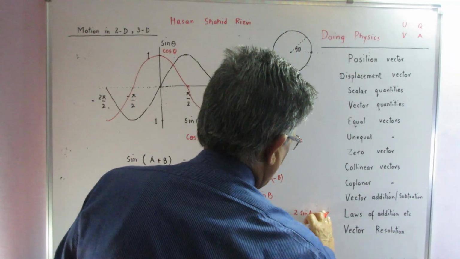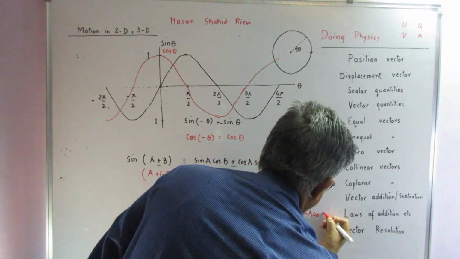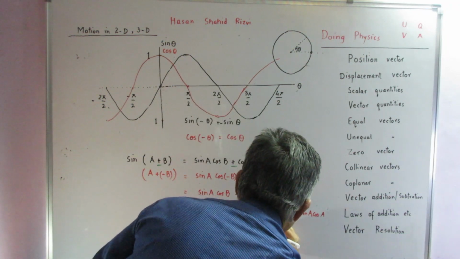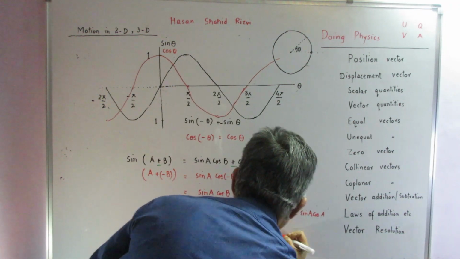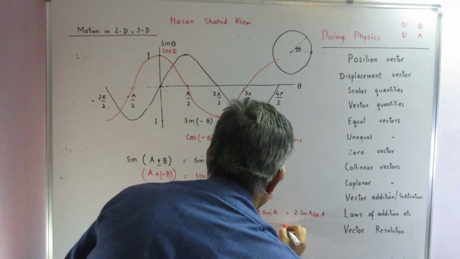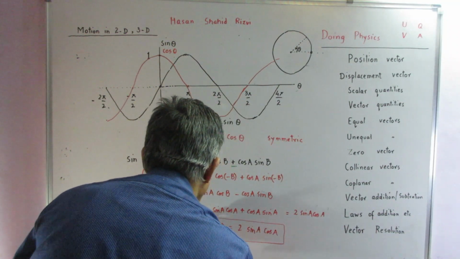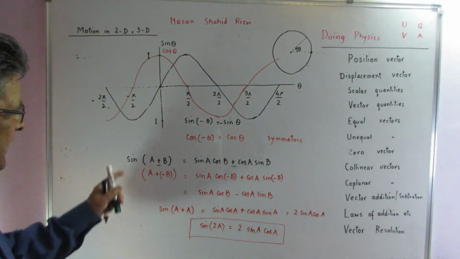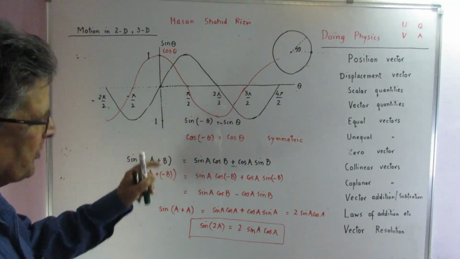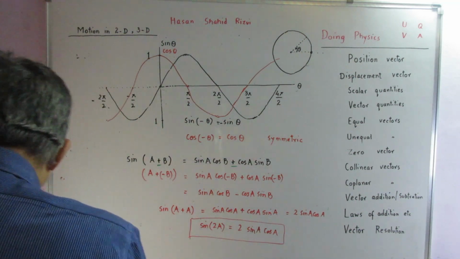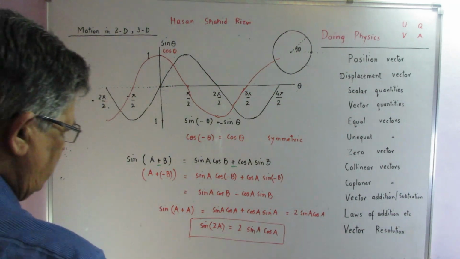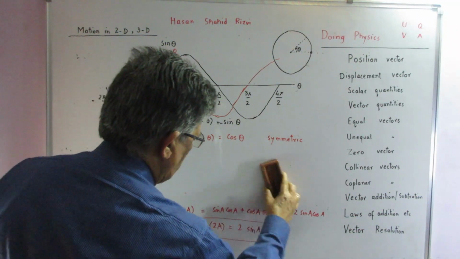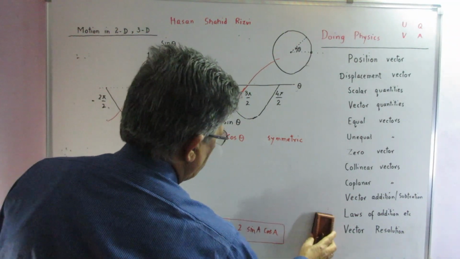I must remove this B and write A. So this is 2 sine A cos A. So sine of 2A we are able to do like this, and similarly, shall you allow me to write the other equation of cosine A plus B. Cosine A plus B is obtained, so I'll just rub it off and introduce that using the same thing.